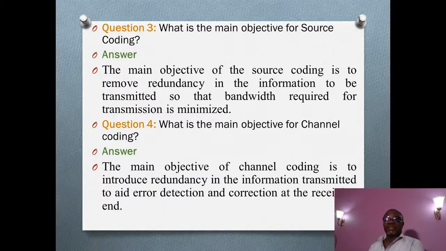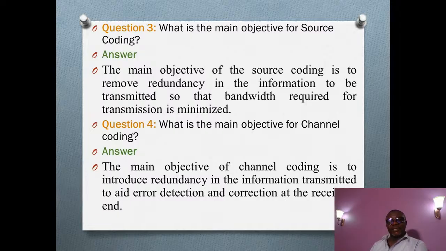So you see that at the source, we remove redundant bits, whereas question 4, the main objective of channel coding, is to introduce redundant bits.